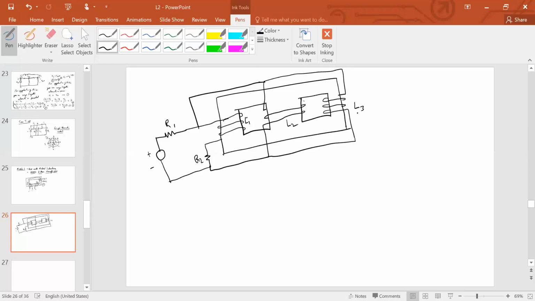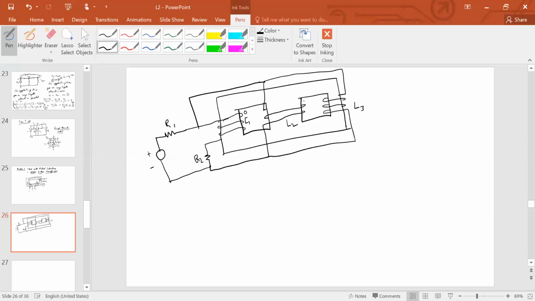So far, so good. But now if you have to find out what the direction of the mutual couplings will be, then you'll have to again test. Here the dots are not given to you, so as the first exercise, you'll have to mark out the dots. Suppose this is the circular dot by which I want to denote the coupling between L1 and L2.